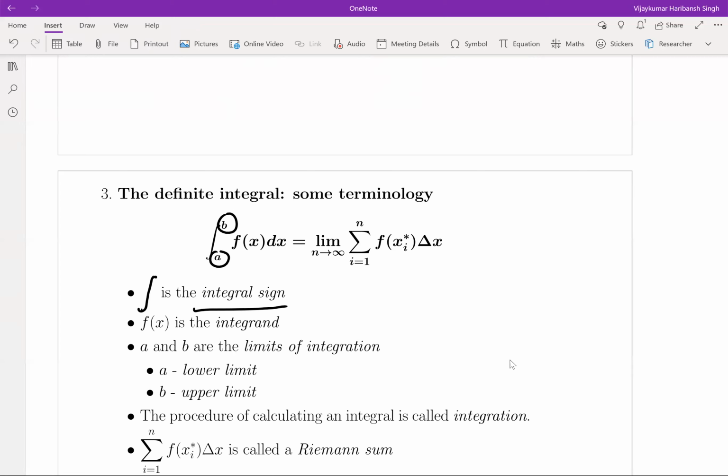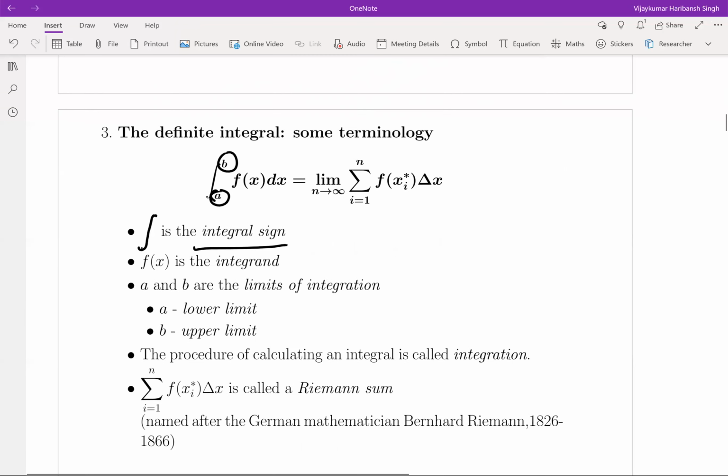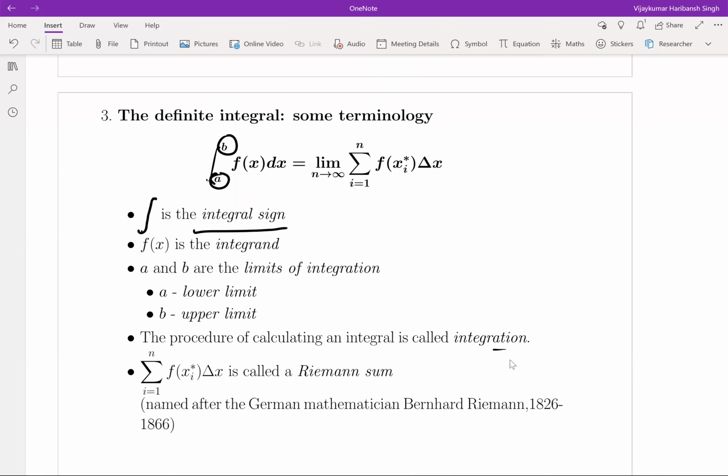A is the lower limit because it's below here, and b is the upper limit. The procedure of computing an integral is called integration. And this sum is called a Riemann sum. It is named after a famous German mathematician, Bernhard Riemann, who had similar ideas and came up with the concept of Riemann integrals.